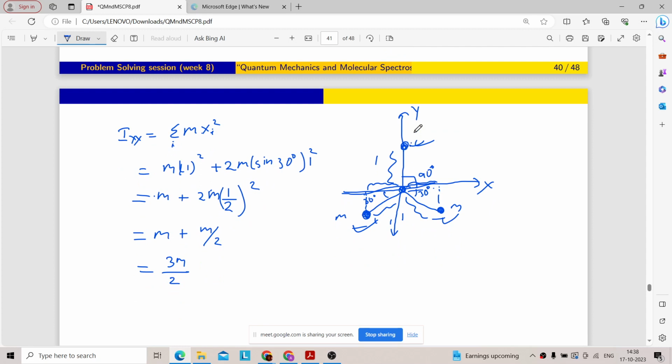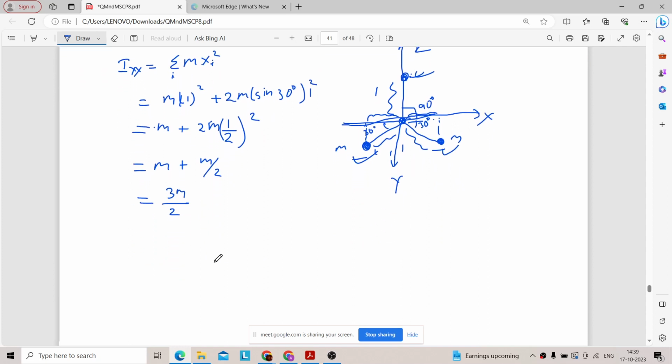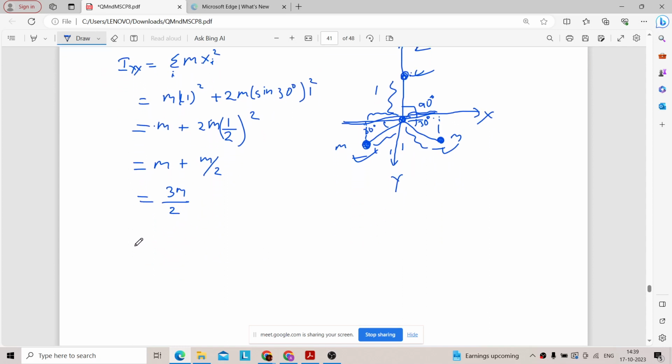Maybe if the question is wrong, this should be the z-axis and this will be the y-axis. So in that case, I_y will be the sum over m x_i squared.